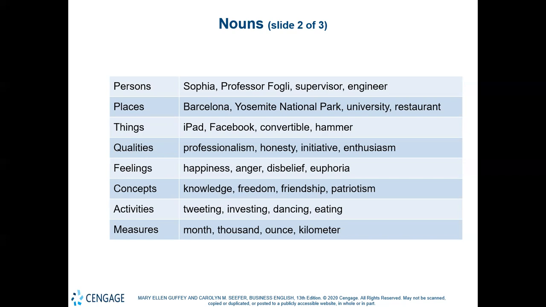Feelings: happiness, anger, disbelief, and euphoria. Concepts: knowledge, freedom, friendship, and patriotism. Activities: tweeting, investing, dancing, and eating. Measures: month, thousand, ounce, and kilometer.